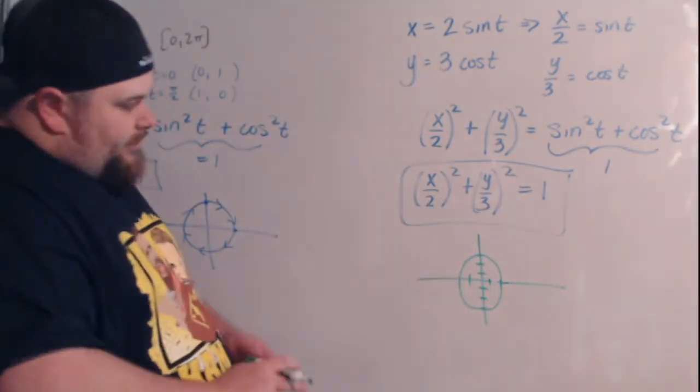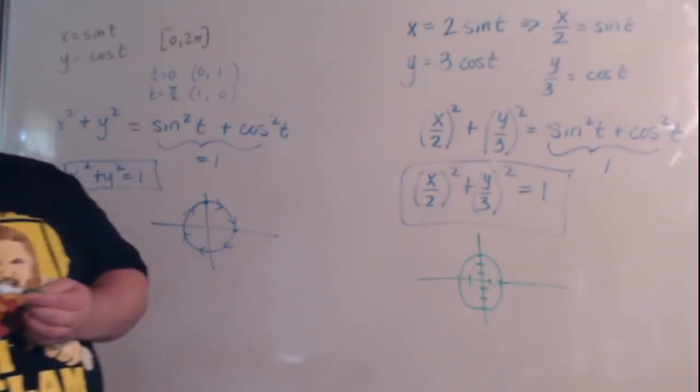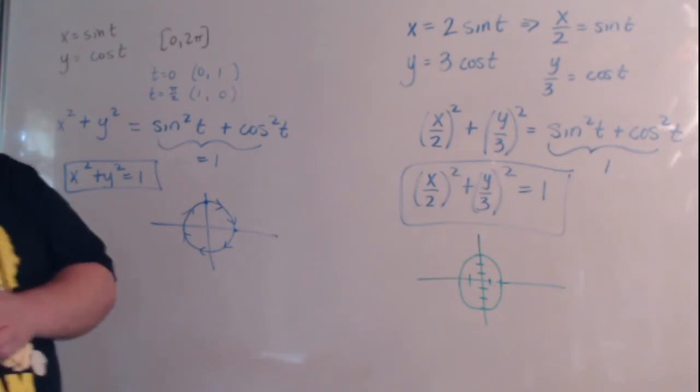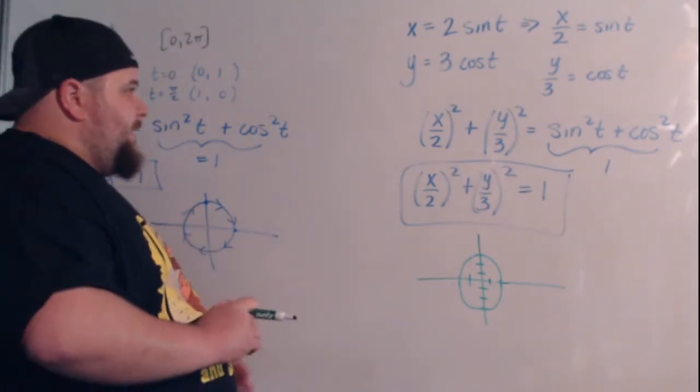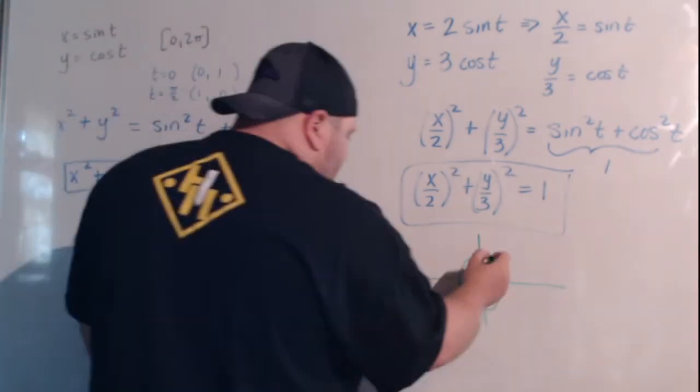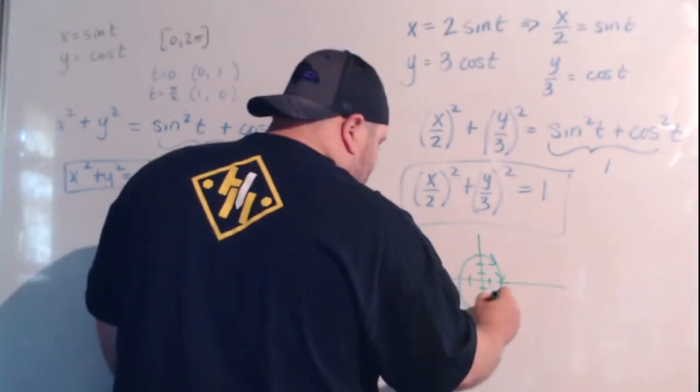Not the greatest drawing in the world, but an ellipse anyway. And again, we had x related to sine, y related to cosine. So it's going to go around clockwise again.